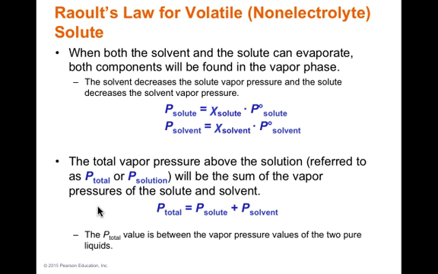We can use Raoult's law to find the vapor pressure from both volatile liquids. The total vapor pressure, which is the vapor pressure of the solution, is the sum of the vapor pressures of the solute and solvent. Please note that the value of the total pressure above the solution is a value that is between the vapor pressure values of the two pure liquids.